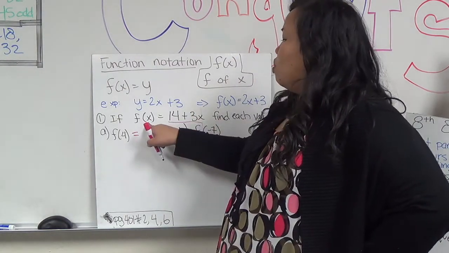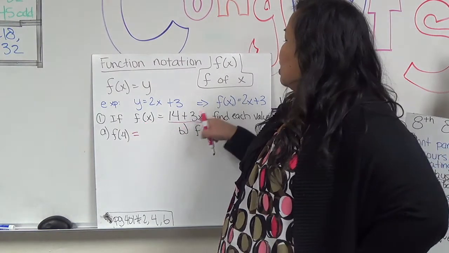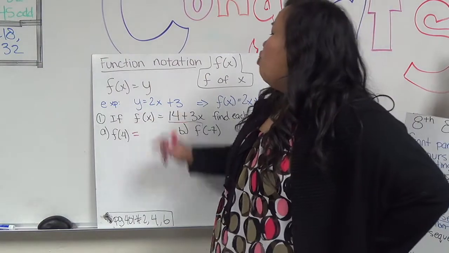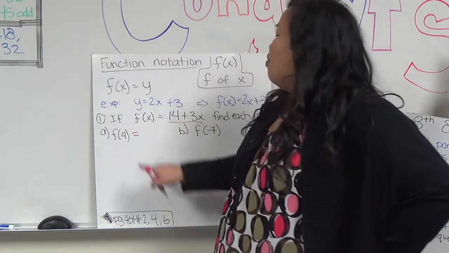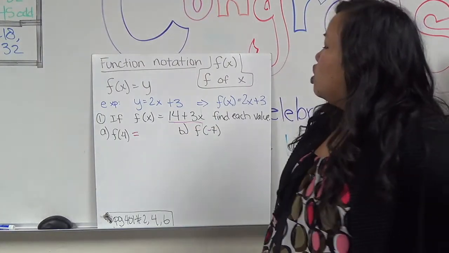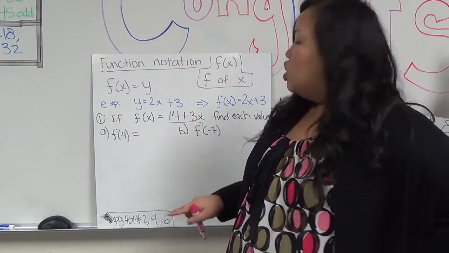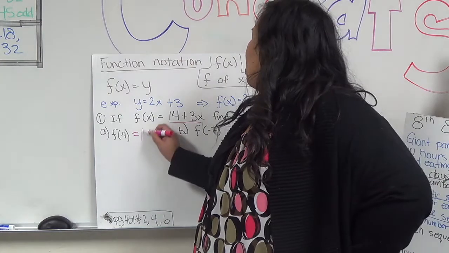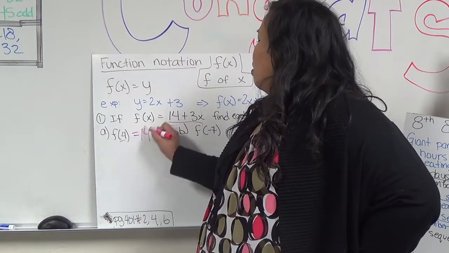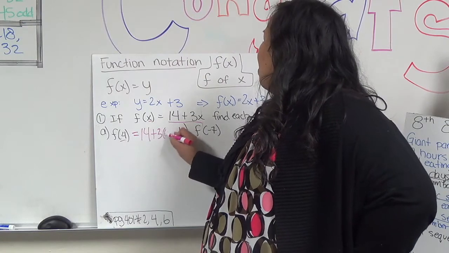Because this is replaced by 4, it's telling me that I replaced everything here by 4. So basically it's saying solve y equals 2x plus 3 if x equals 4. It's the same thing as saying that, but now they have an easier version by just saying find f of 4. So f of 4 would mean that I'm going to rewrite the exact problem, except instead of x, I'm going to plug in 4.